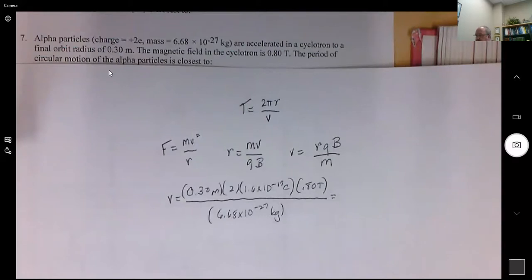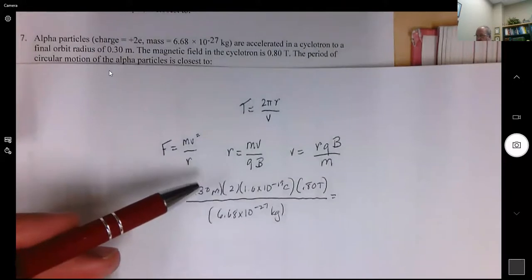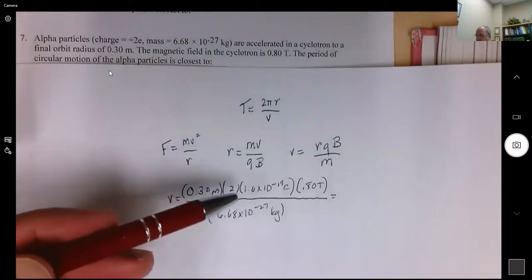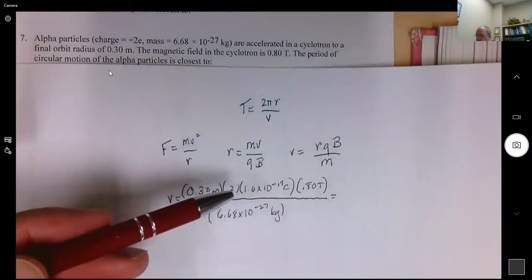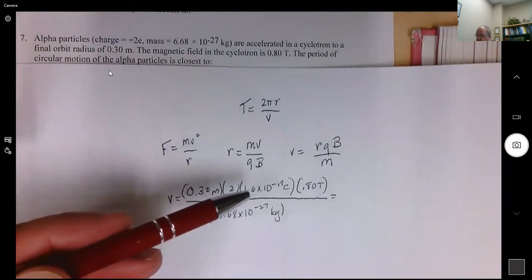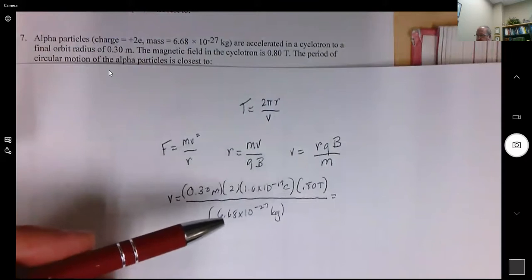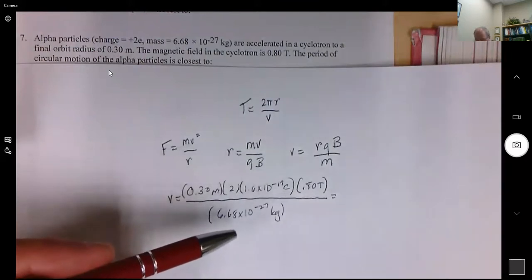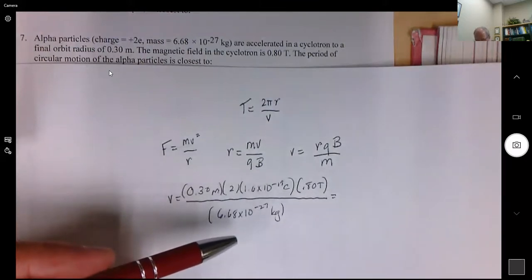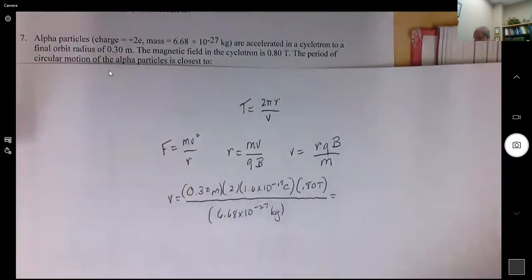That just seems a little too high to me. Okay, I've got the charge, radius, 2 times the charge times the magnetic field divided by the mass. Okay, I'm gonna try that one more time. It just seems like a lot to me.